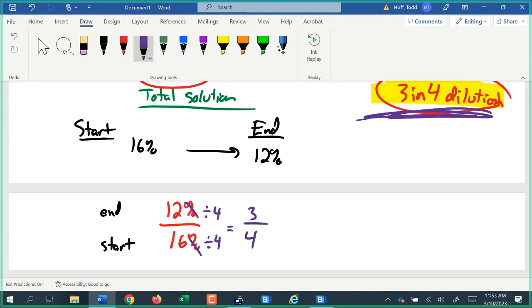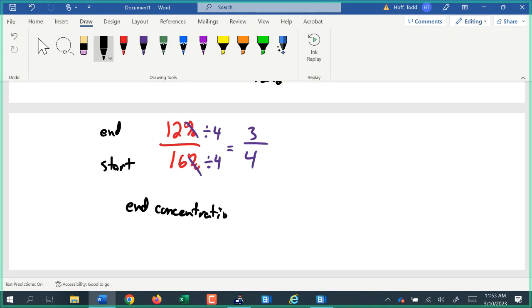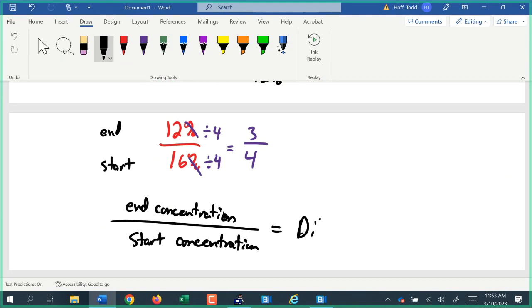Well, that's just our dilution. So in this type of problem, the ratio of the ending concentration to the starting concentration is equal to the dilution ratio.